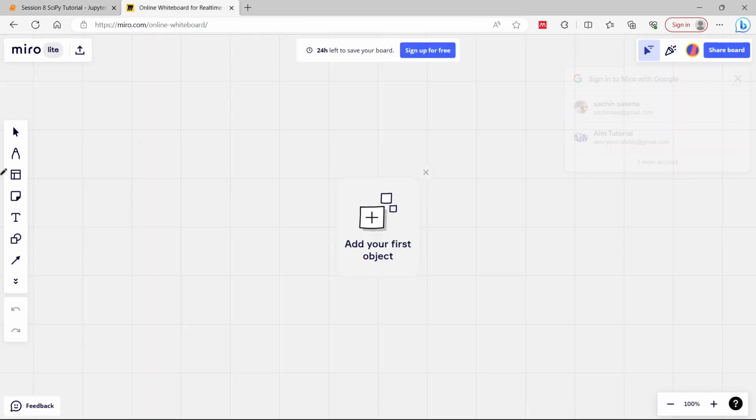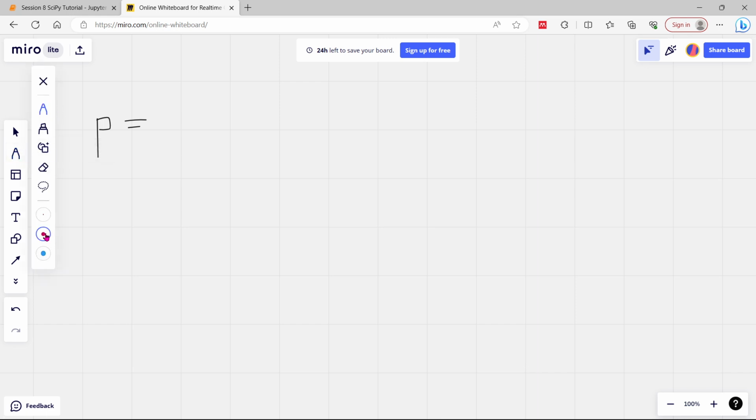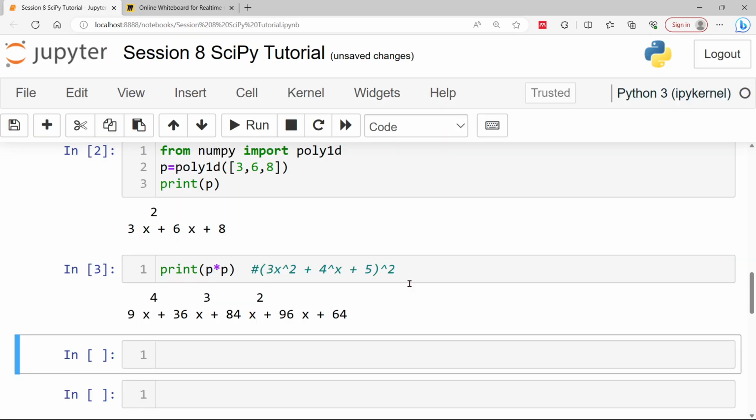So let me come to this whiteboard where we have p. This p consists of 3x squared plus 6x plus 8. We are going to initialize this equation, right?